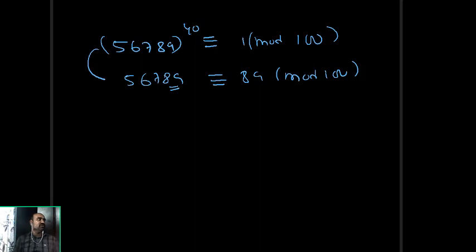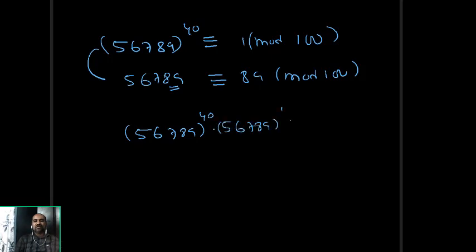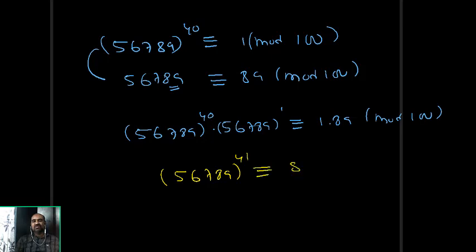I want to mix these two by using A is congruent to B modulo M and C congruent to D modulo M, then AC is congruent to BD modulo M only. So 5789 power 40 into 5789 power 1 is congruent to 1 into 89 modulo 100. Finally, 5789 power 41 is congruent to 89 modulo 100.